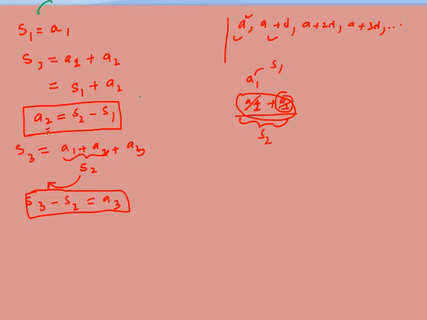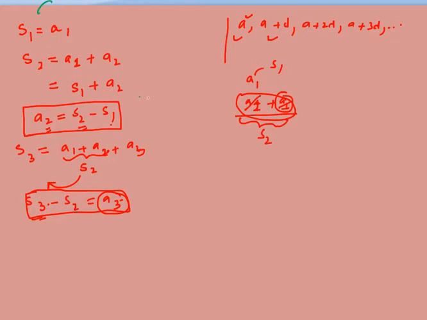If you are finding the second term with reference to the sum, then it is S2 minus S1. The suffixes of these two are matching: sum up to two terms minus sum up to the first term. Then if you are talking about A3, then sum up to the third term minus sum up to the second term. So the suffix has to be the same.